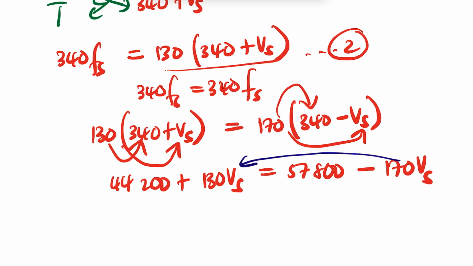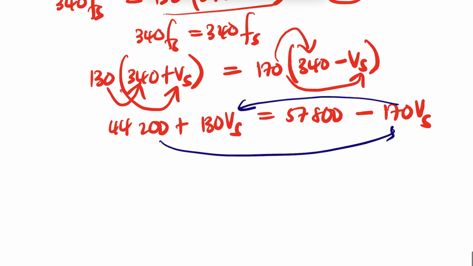We take this to this side and this to that side. So it's going to be 130 plus 170, which is 300. So it's going to be 300 Vs.